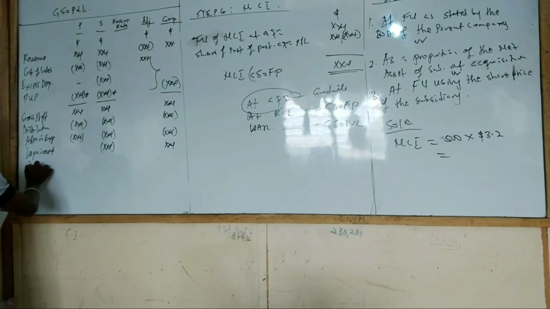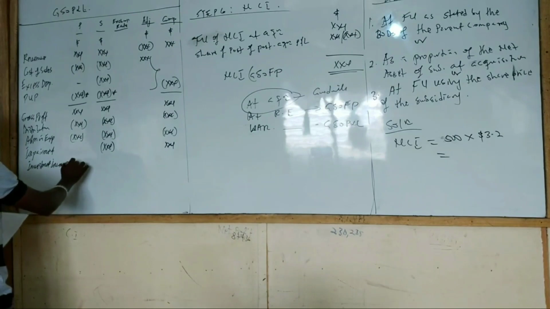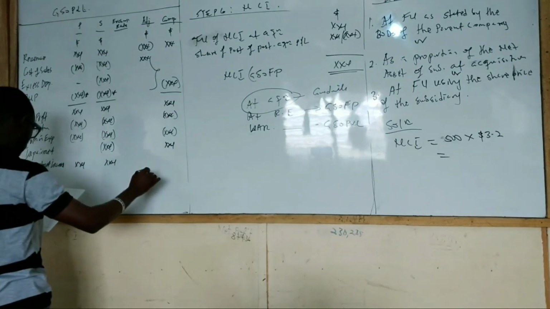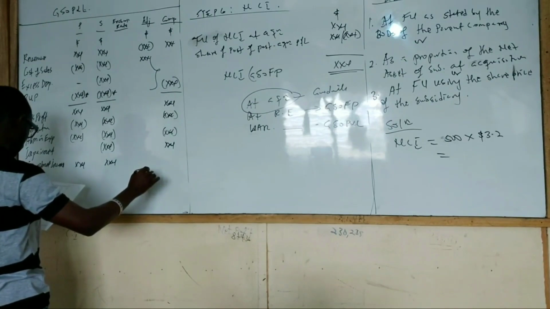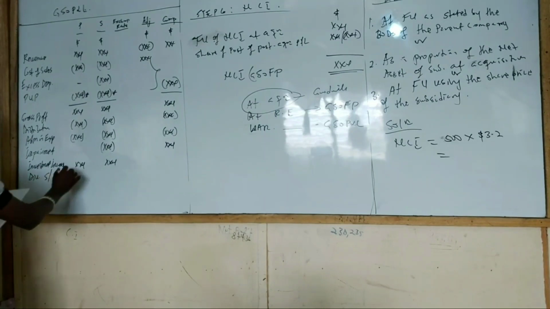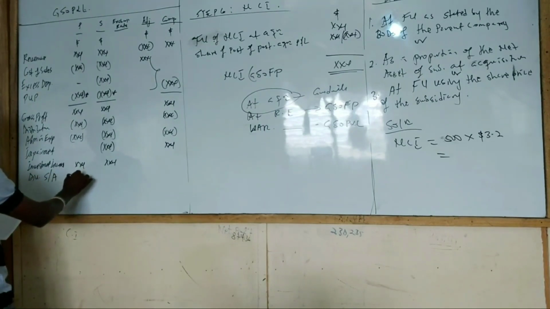Investment income, if there is any in the question. That's an addition. And then maybe dividend received from the subsidiary or the associate will be brought.